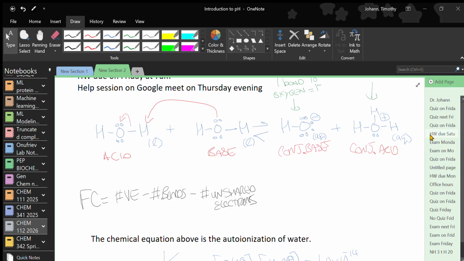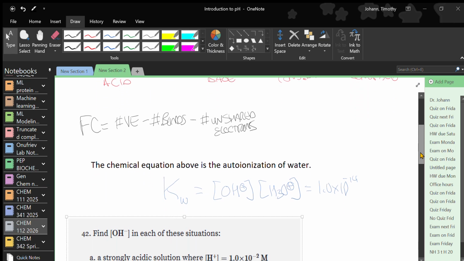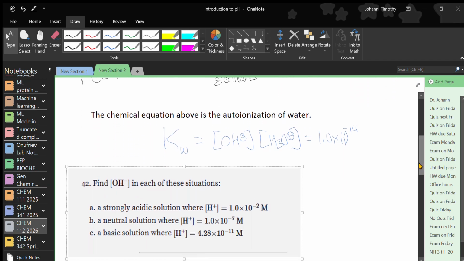And so if I add more H plus to solution, this is going to shift this way, and it's going to get rid of some of my OH minus, right? Same sort of thing, as OH minus goes up, H plus has to go down. Does that make sense? Le Chatelier's principle tells us that, a super easy way to do it without using math. The equation also tells us that, right? Kw has to be equal to this constant, so if I make more of this, I have to take away that. That make sense?